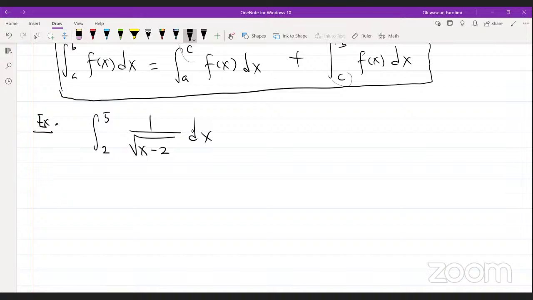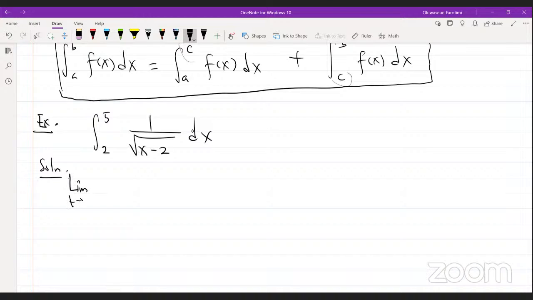Is this an improper integral? I need to know if it's an improper integral. Yes, it is. Why? Look at this bound. If you plug in 2, 2 minus 2, you get a 0 on the bottom. 1 over 0 is undefined. Then there's a problem.